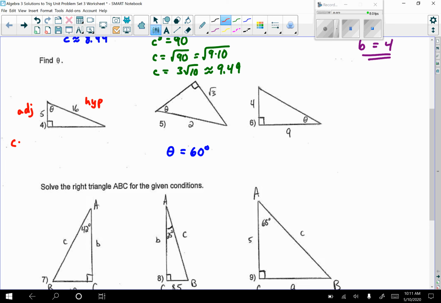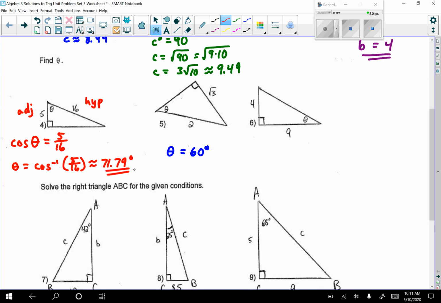So cosine theta is equal to 5/16. And as you were doing back on problem set 2, we write theta is equal to the inverse cosine of 5/16, which is approximately, rounding to the nearest hundredth, 71.79 degrees. So there's our missing angle measure.